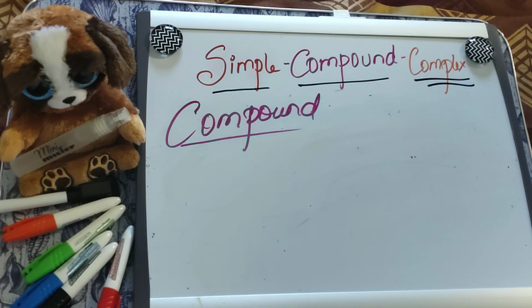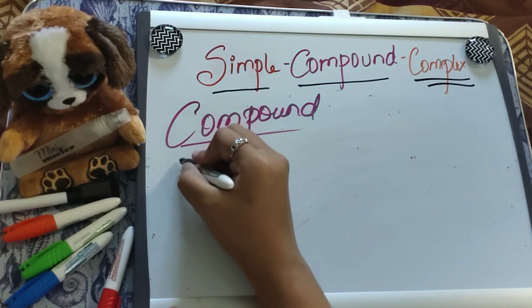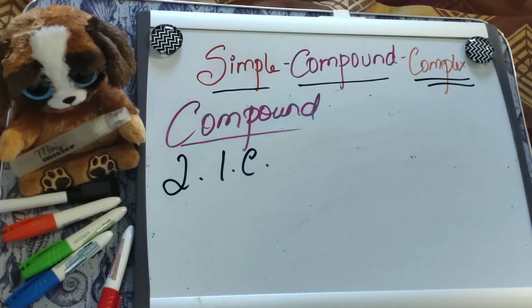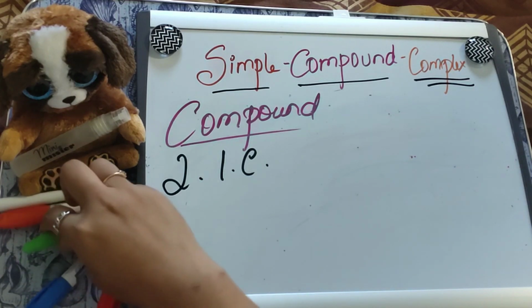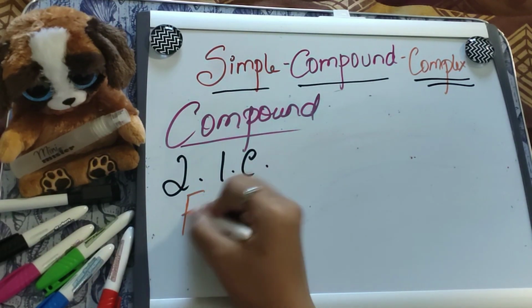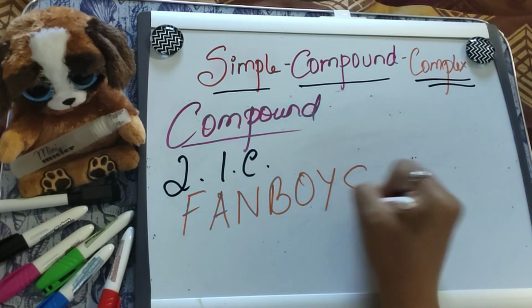Compound sentences contain two independent clauses. So a simple sentence had only one independent clause, while a compound sentence has two independent clauses. And for compound sentences, there is a formula to make one, and in our lingo or language it is FANBOYS.